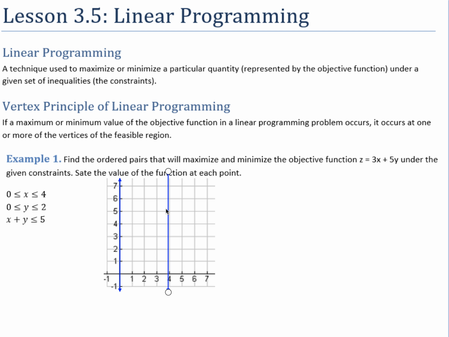And now let's go ahead and look at our next set of inequalities, and this says 0 is less than or equal to y, which is less than or equal to 2.